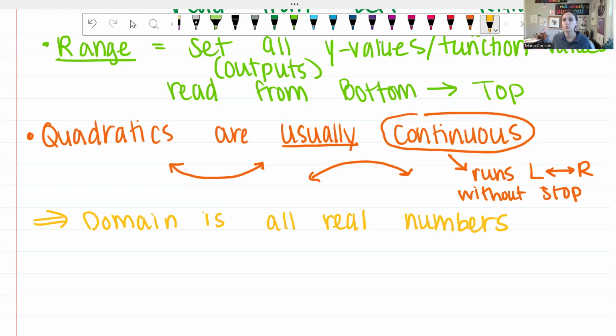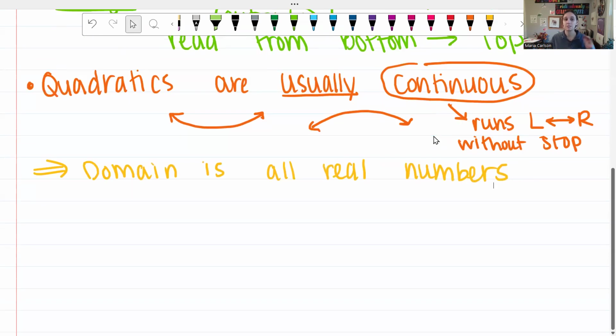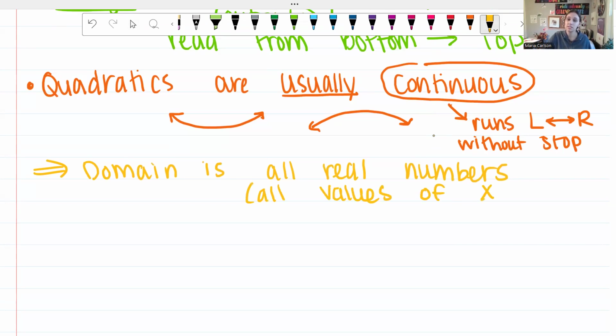You are looking at part of the quadratic function and it's been cut off when x is 1, and then there are some limitations, but usually when we're talking about just a general quadratic, the domain is all real numbers, meaning all values of x, because it goes forever and ever to the left and to the right. We have all real values.